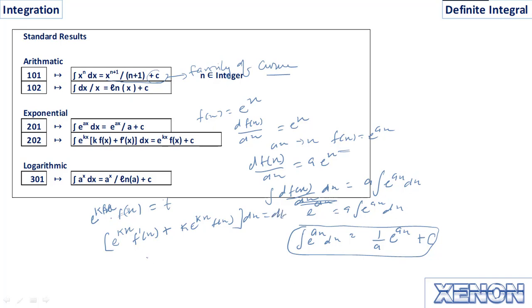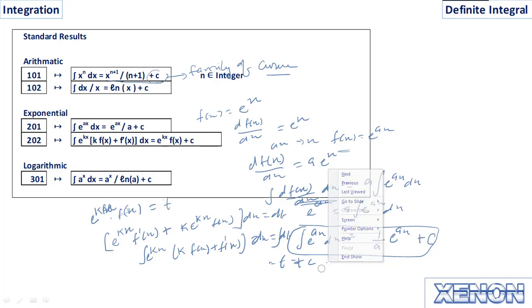So e to the power kx [k f(x) plus f dash x] dx equals dt, right? So when we integrate these, we will get t plus c equals e to the power kx f of x plus c, right?